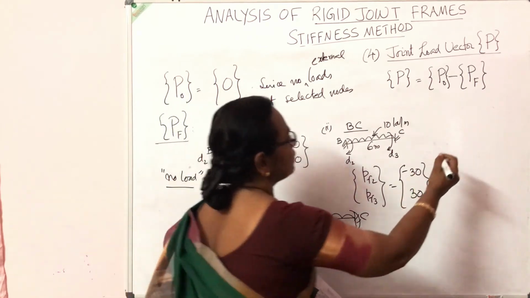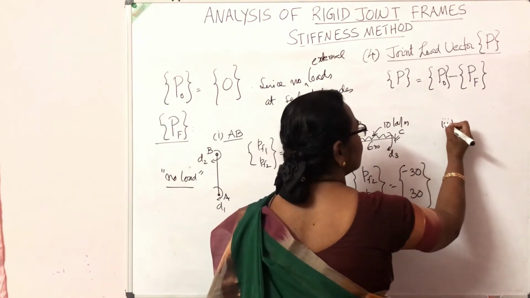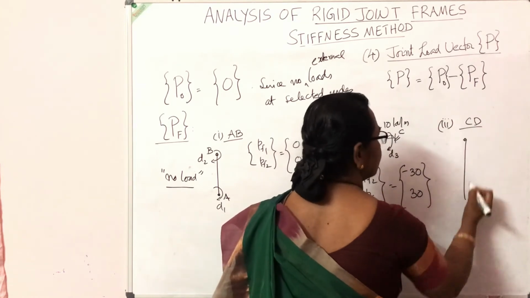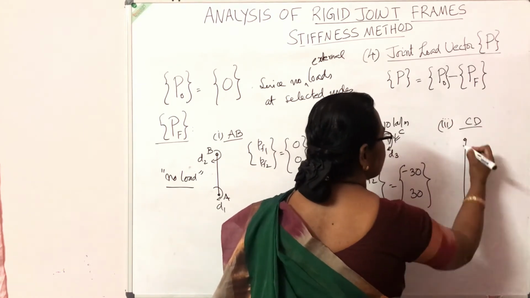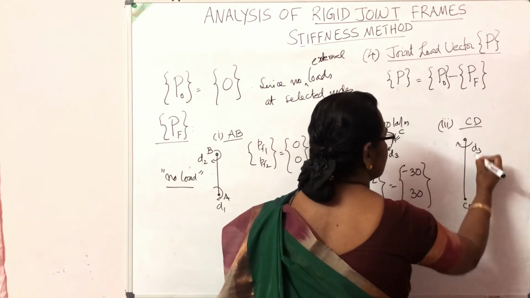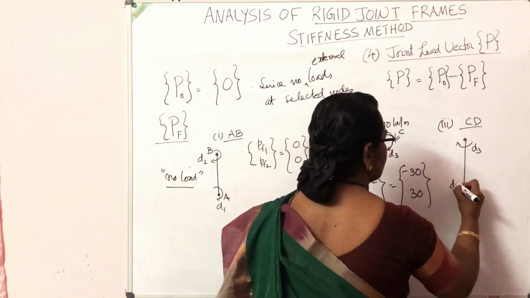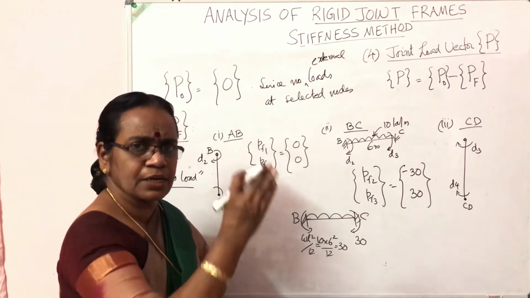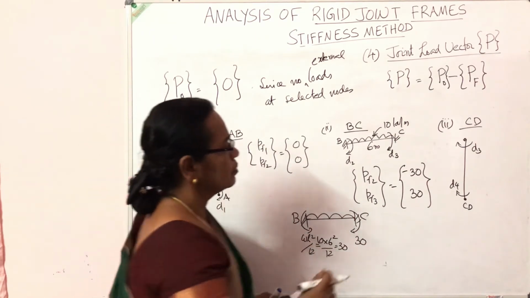Now coming to the third element, CD. This is element CD bearing numbers D3, D4. In that column also there was no external load acting on the element CD.